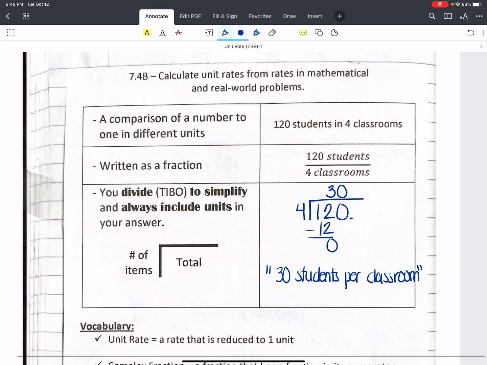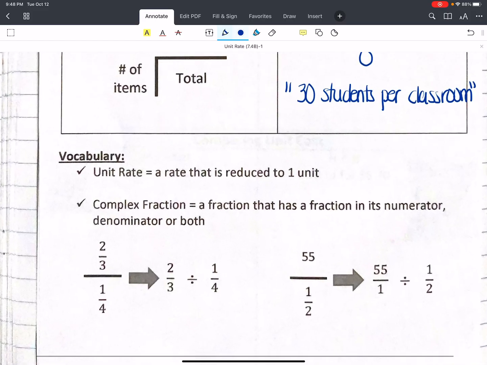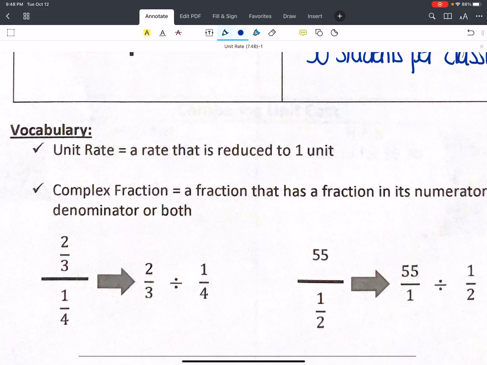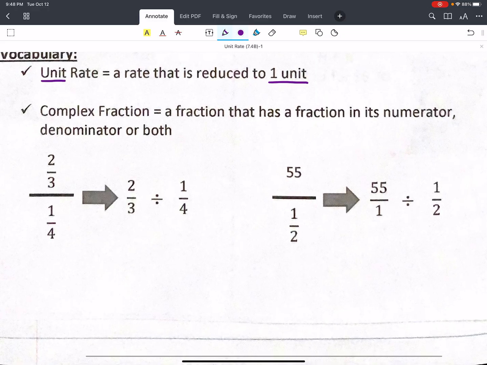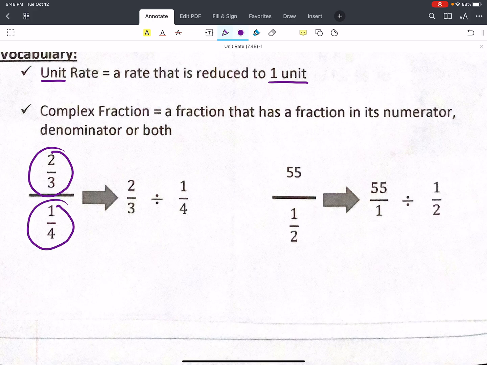Now, some vocabulary to remember is unit rate, a rate that is reduced to 1 unit, because remember, unit is singular. And then complex fraction, a fraction that has a fraction in its numerator, denominator, or both.